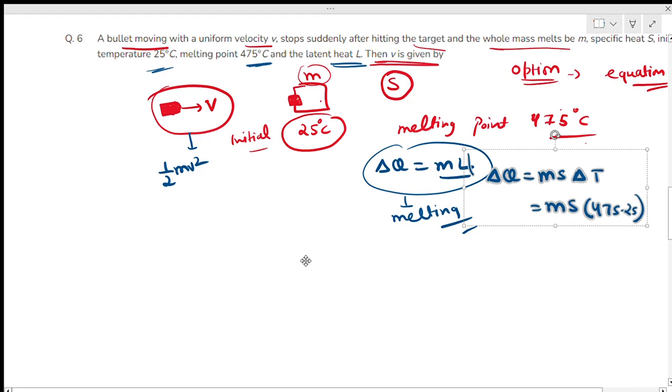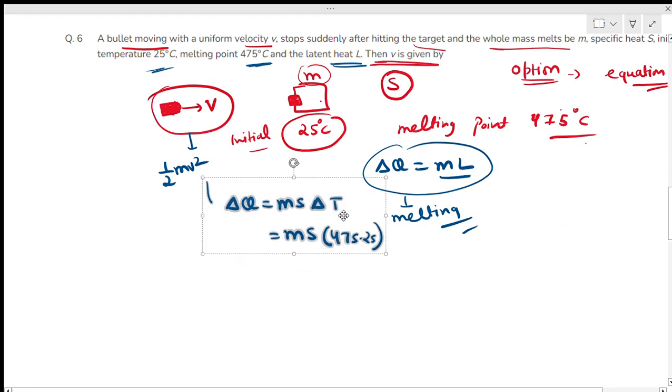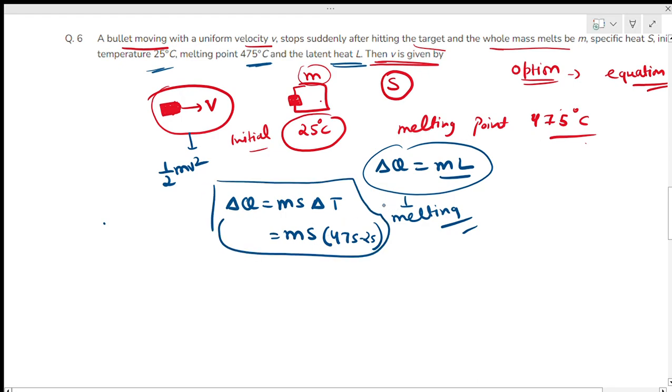This much heat is required to raise the temperature, and another amount of heat is required for melting. So half of mv square will be used as ms delta T plus mL.